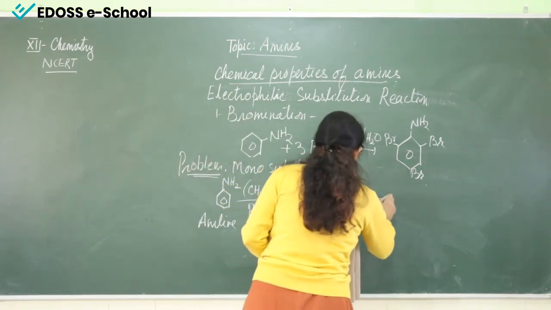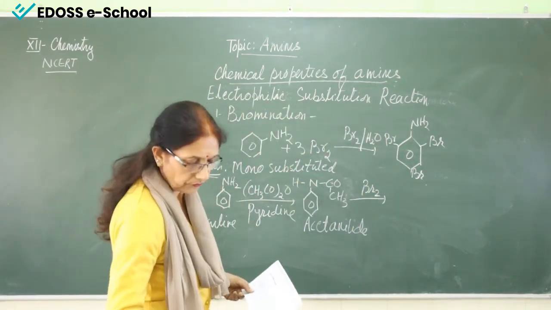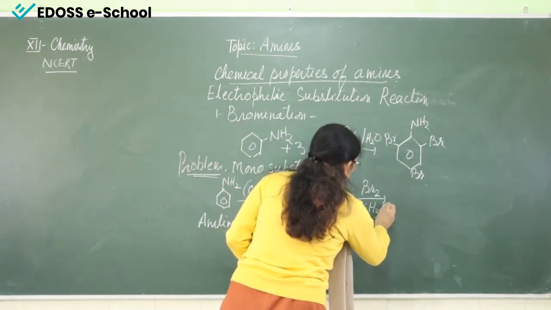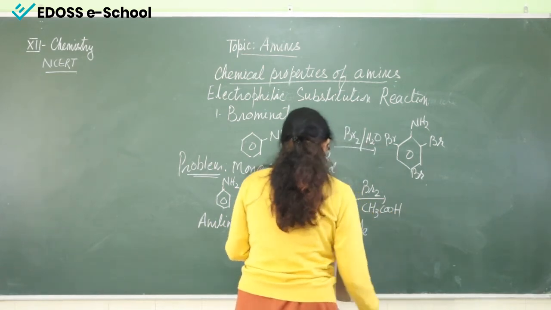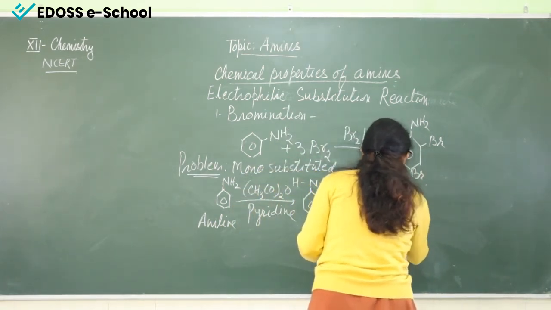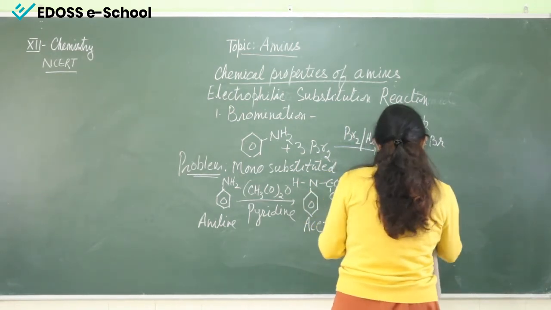Now if you do bromination in the presence of acetic acid, so we can get here, now see here, what we will get?